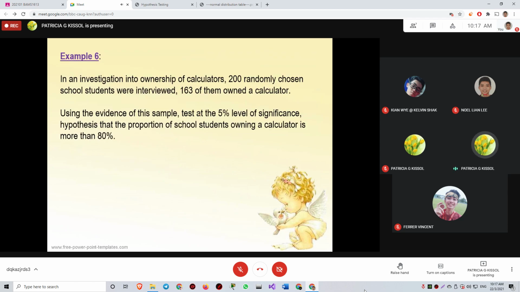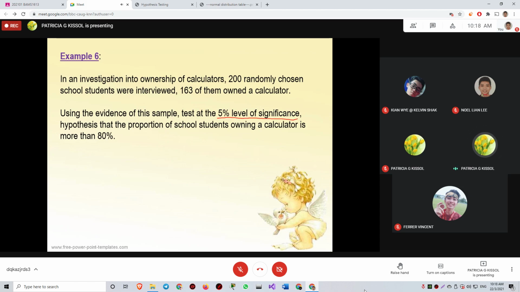And one thing you should notice here is that now the question doesn't give you the value of the mean or the value of the standard deviation. Immediately you know this is population proportion. And you know you have to do hypothesis testing because it is a 5% level of significance.